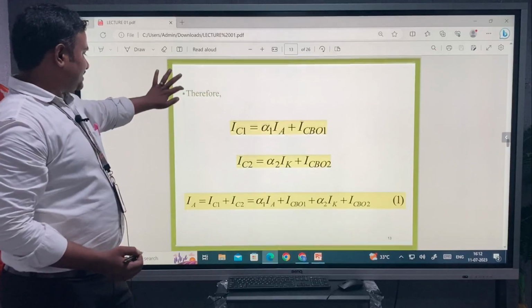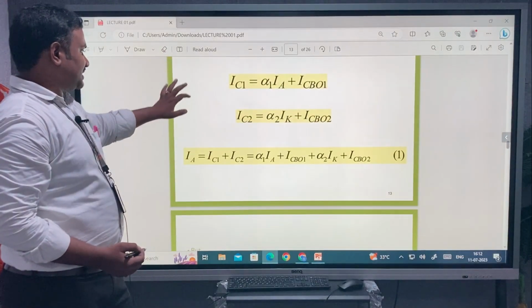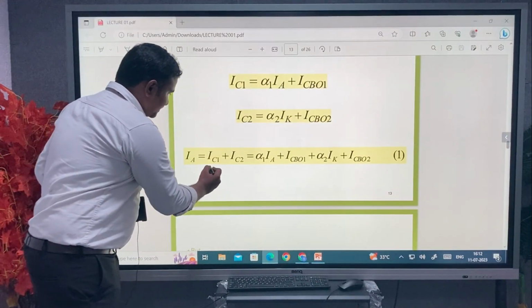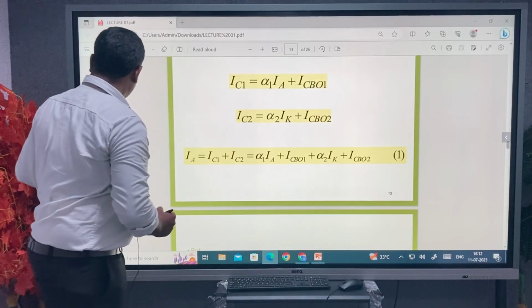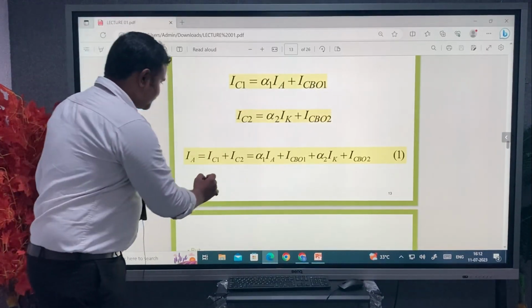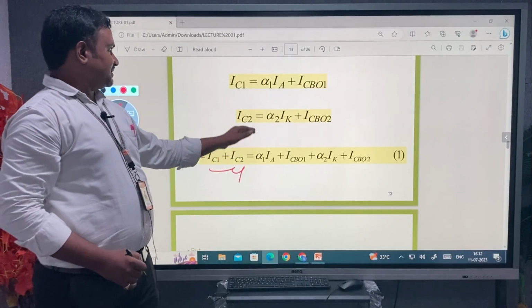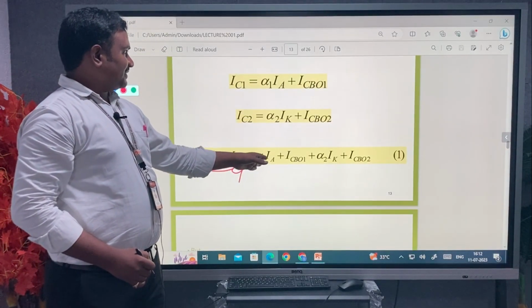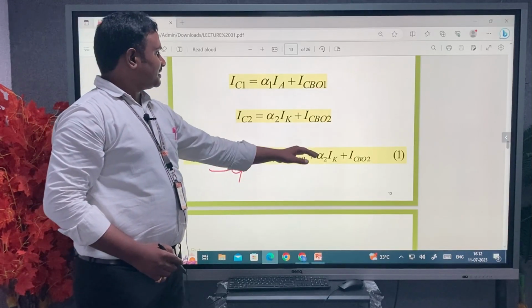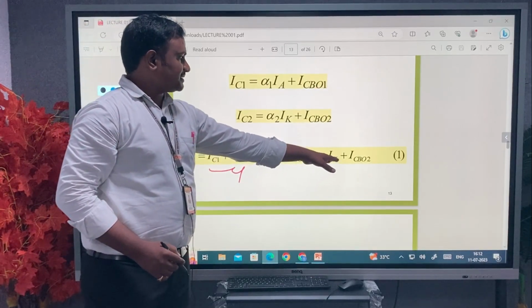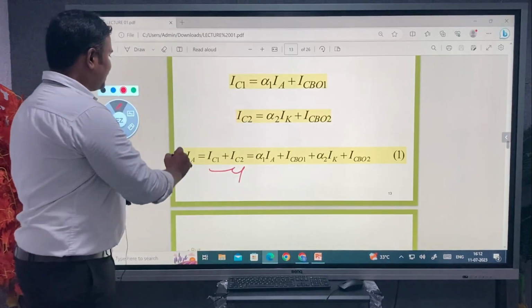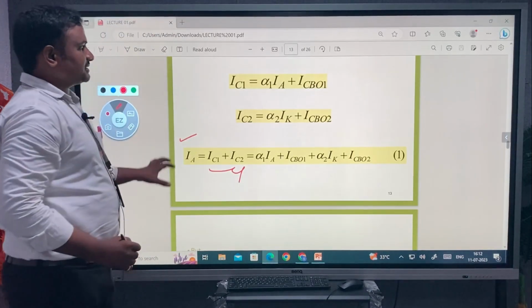So the anode current of the transistor analogy can be taken as the sum of IC1 and IC2. So both currents can be taken as IC1 plus IC2, that is alpha 1 IA plus ICBO1 plus alpha 2 IK plus ICBO2. This is the anode current of your thyristor switch.